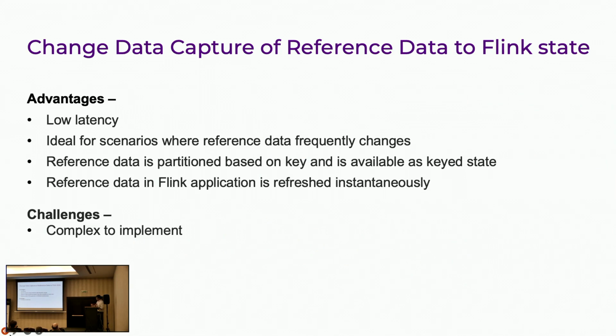The advantage of this approach is that it supports really low latency because you are always reading the reference data from the Flink state. And even if your reference data grows over time, you always have the latest reference data available to you in your Flink state. However, it's a bit complex to implement.